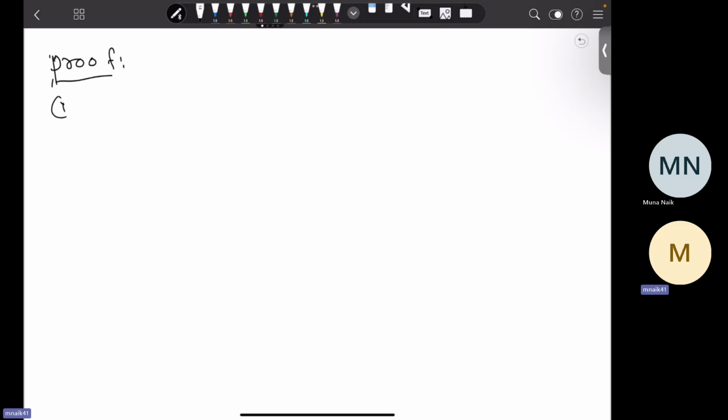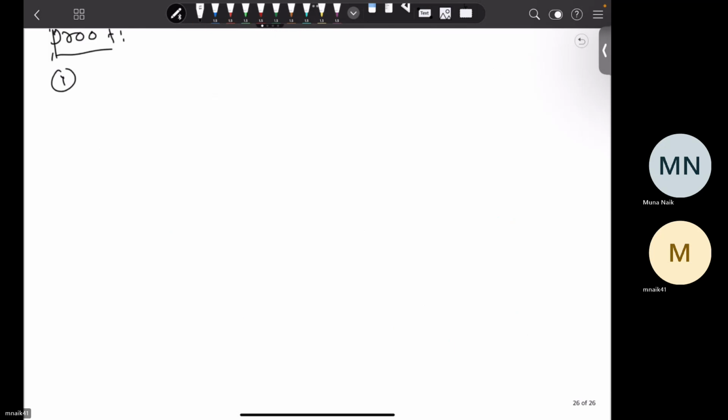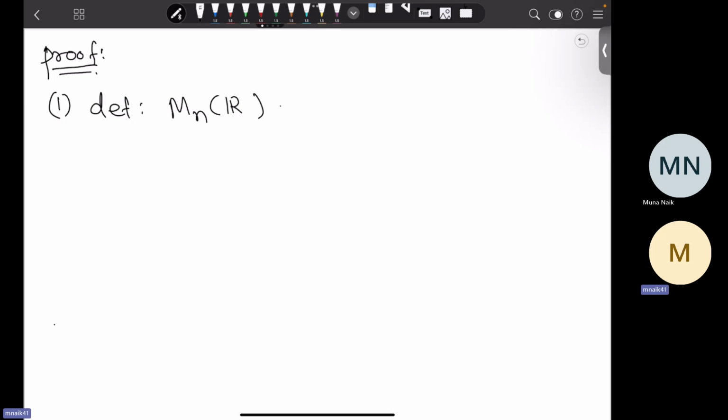If we look at the determinant map from M_n(R) to R, this is continuous. Why?